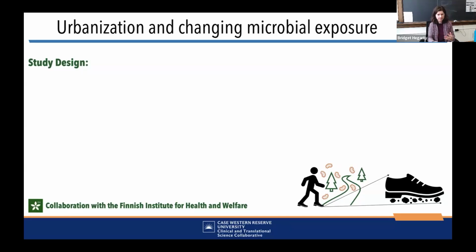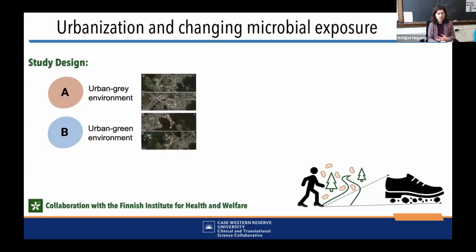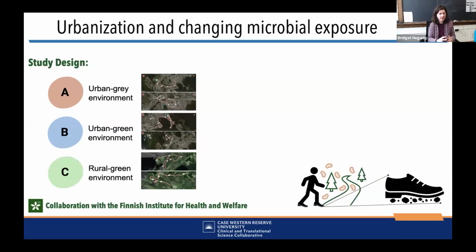And so for this study, we took samples of the particulate matter on people's shoes during different walks in different environments. And so we focused along an urbanization gradient, moving from an urban gray environment that was just on pavement, to an urban green environment where it's still in an urban setting but included some small urban parks and maybe some walks not just on pavement but also on dirt paths, and then finally, a rural green environment.